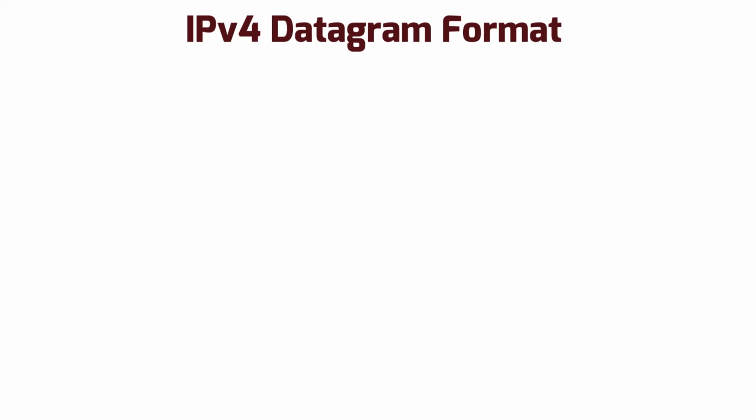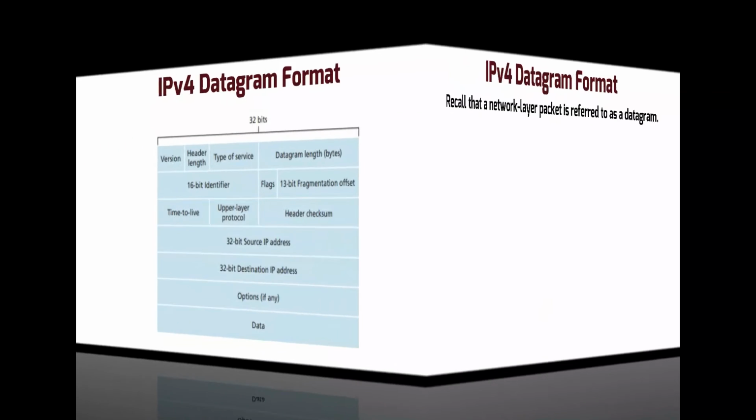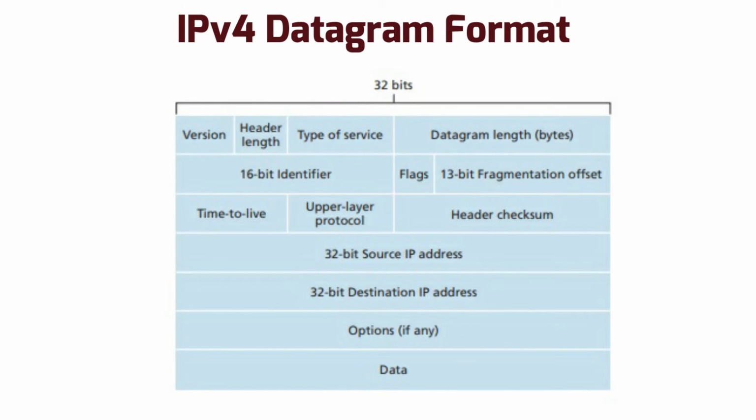Now we'll see the IPv4 datagram format. Recall that a network layer packet is referred to as a datagram. We begin our study of IP with an overview of the syntax and semantics of the IPv4 datagram. The IPv4 datagram is shown in this figure.